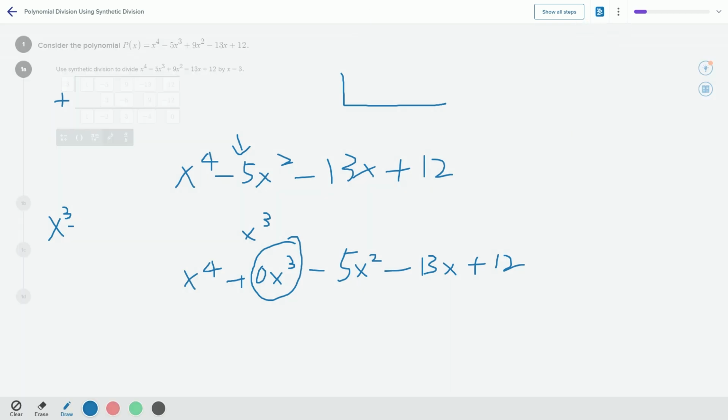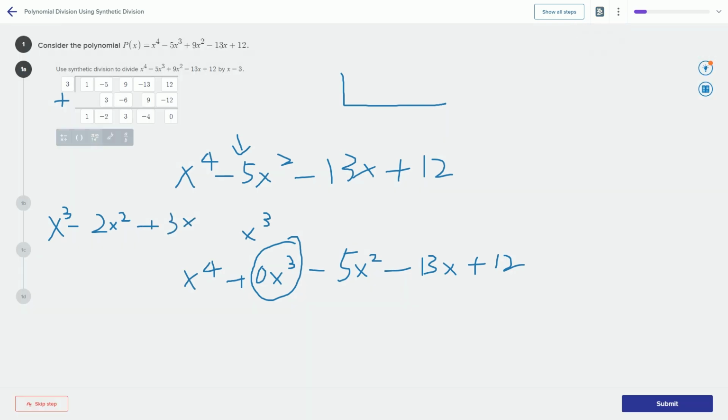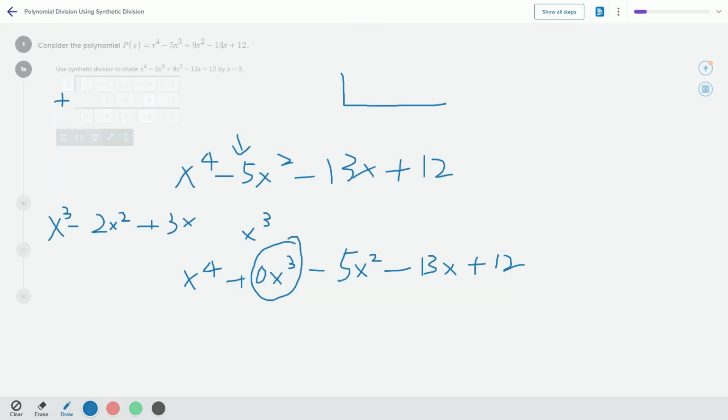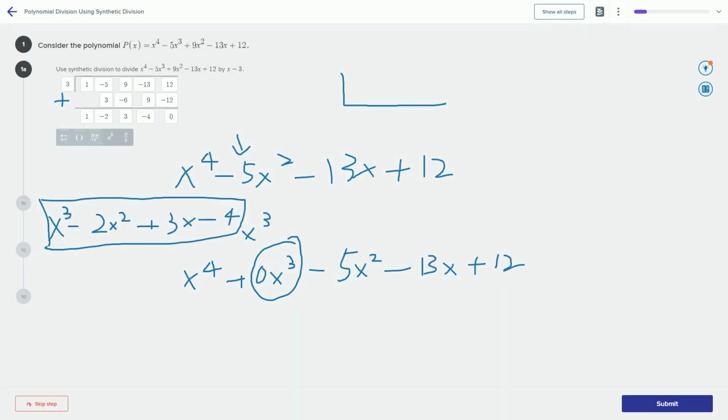And then you do x to the power of 3 minus 2x squared plus 3x minus 4. Just like that, and that is going to be your finished answer.